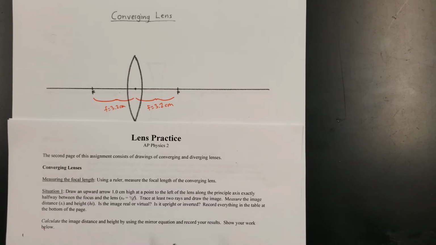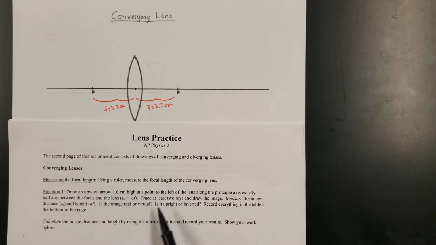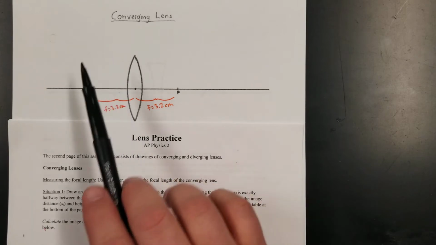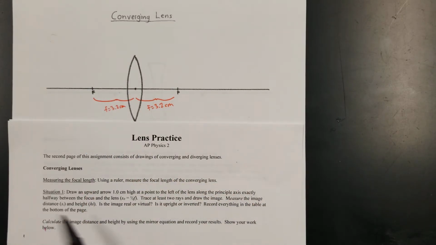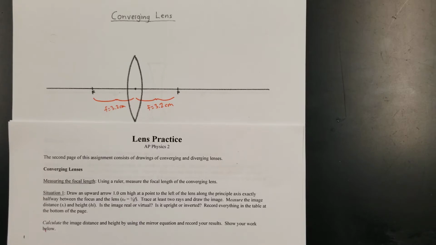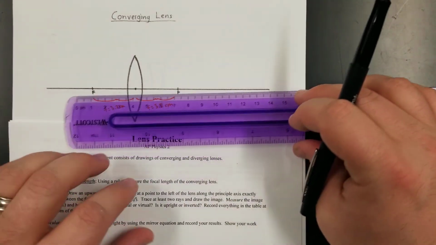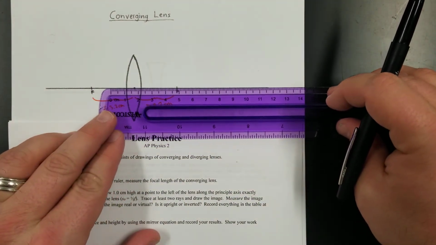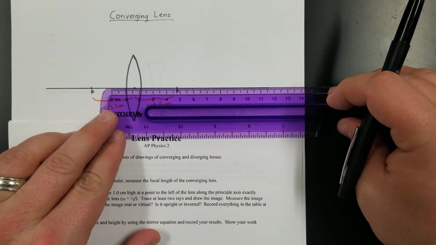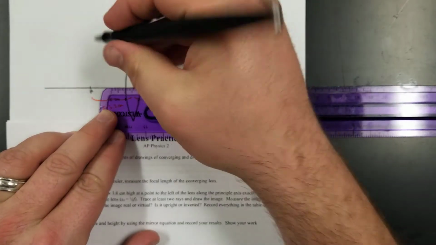The first thing we're going to do is draw a 1 centimeter tall arrow at a point to the left of the lens, so we stick to this side, exactly halfway between the focus and the lens, so that the object distance is 1/2 F. That's going to be 1.6 centimeters to the left of our focus. So we grab our ruler. 1.6 centimeters to the left is right there.